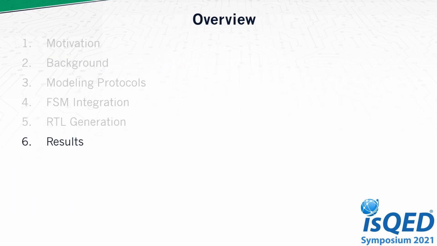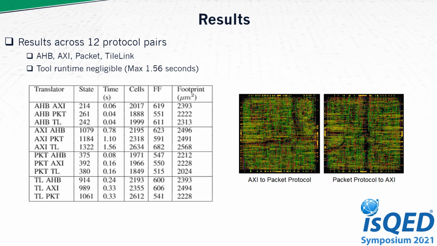We have made it through the full flow. Now, to show some results we have acquired running our tool on some example protocols. To generate results, we wrote PDL code modeling the following protocols: AHB, AXI, our custom packet-based protocol, and TileLink. For the 4 protocols, we have 12 translator permutations we run through the flow.